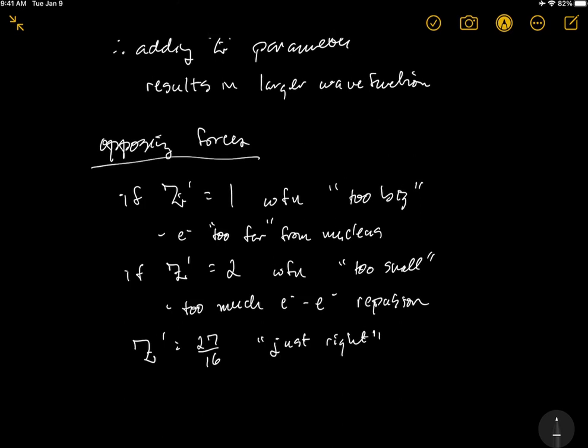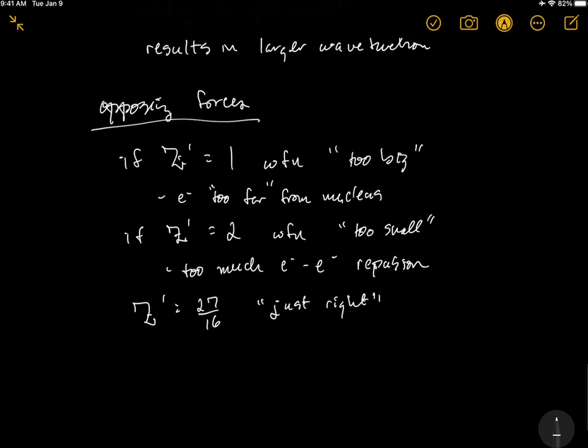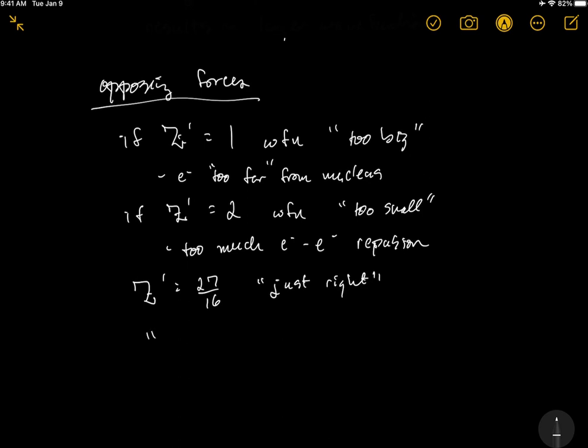The energy is not optimal. But if we have 27/16, that's right in between the two, and there's a balance such that the overall net energy of the system is reduced.